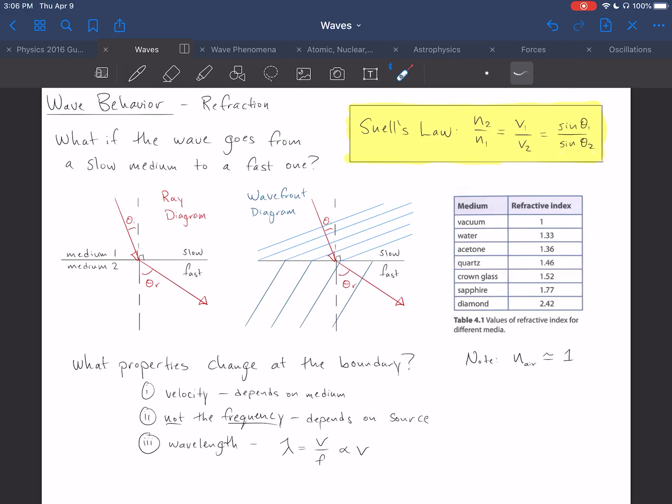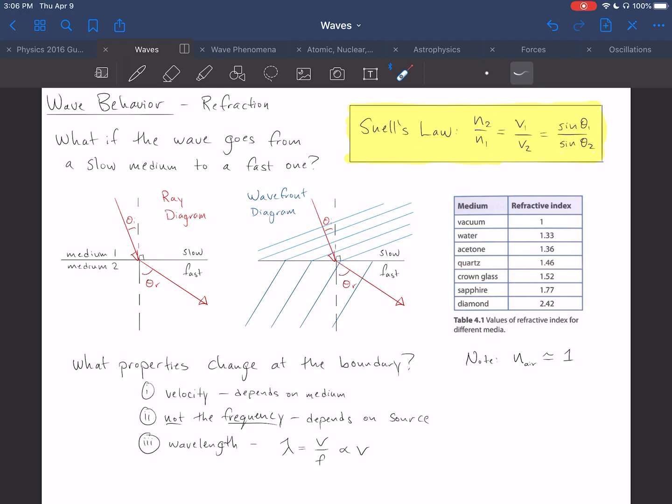So, what happens if the wave goes from a slow medium to a fast one? Well, we can extend this idea, apply Snell's law, and we can see that the ray bends outwards from the normal rather than into the normal.